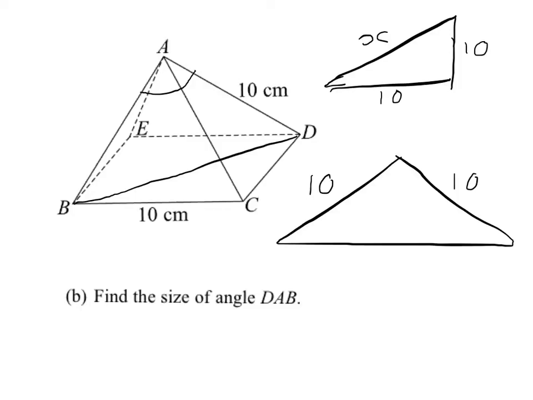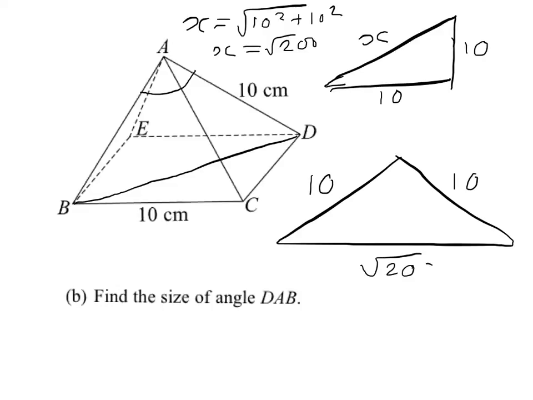So using Pythagoras' rule, the hypotenuse will equal the square root of 10 squared plus 10 squared. So it's going to equal the square root of 200. So we have our triangle, 10, 10 and square root of 200, and we're trying to find the angle DAB. I'll just put B, A and D in there so that's clear.